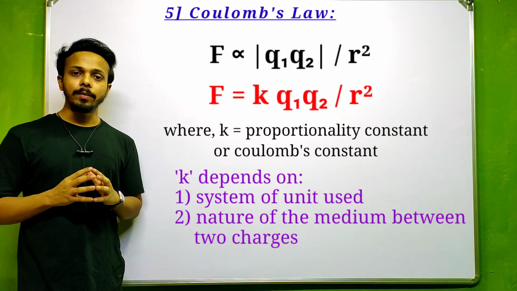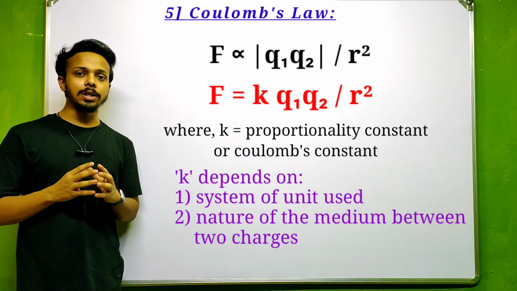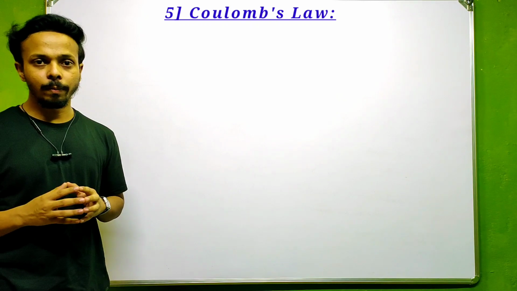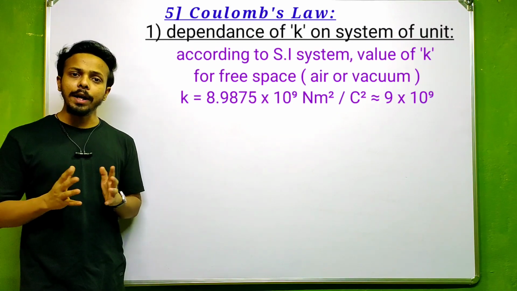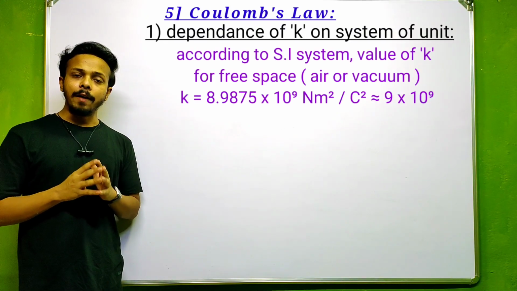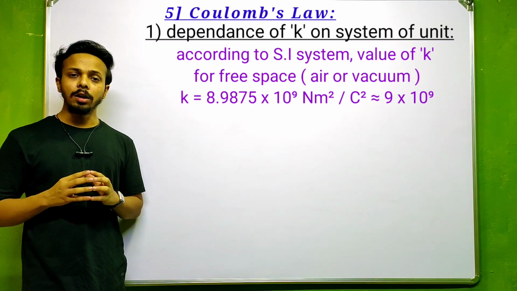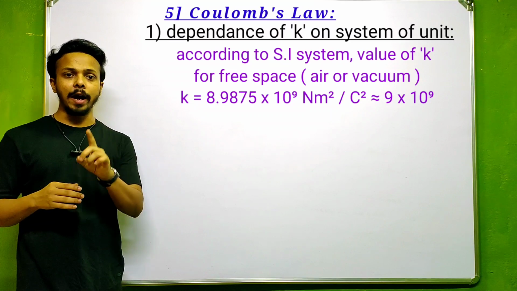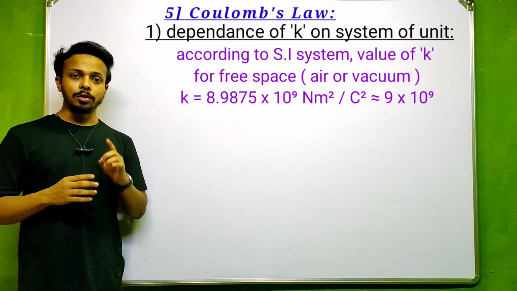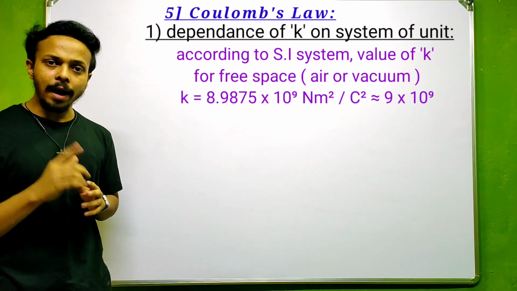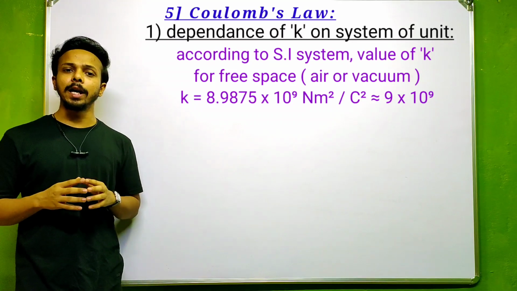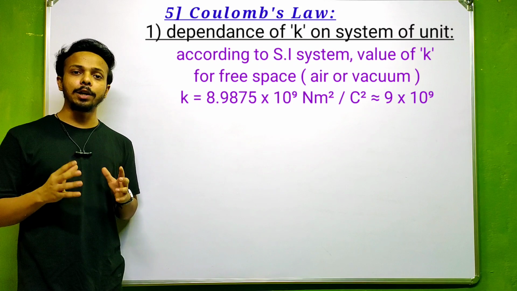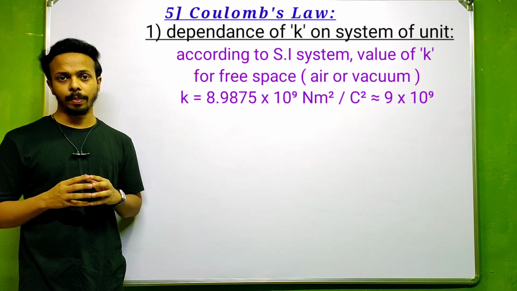Now let us understand first how it depends on the system of units used. According to the SI system, the value of K for free space, that is for air or vacuum, is equal to 8.9875 into 10 to the power 9.